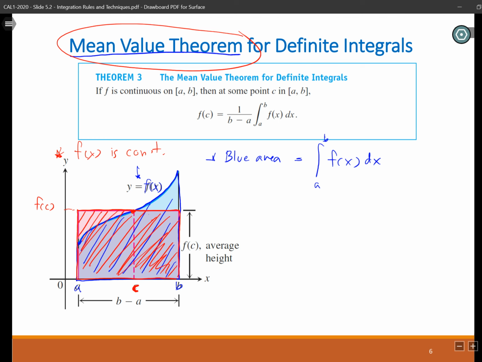So let's take a look here. The red area is going to be equal to the base of this rectangle, the width, which is b minus a, times the height of this rectangle, which is f(c). These two have to be equal.